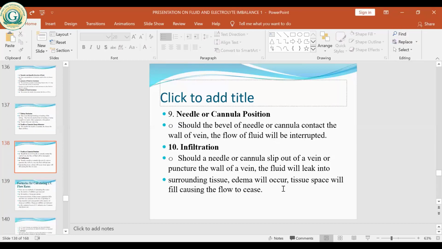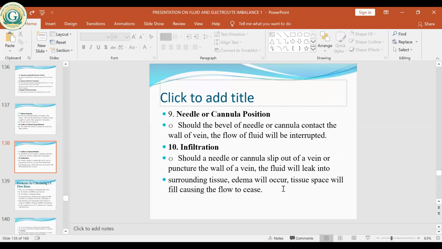So we have needle or cannula position. Should the bevel of the needle or the cannula contact the wall of the vein, the flow of the fluid will be interrupted. Sometimes you are inside the vein, but the bevel, which is the tip of the cannula, is in direct contact with the walls of the vein.